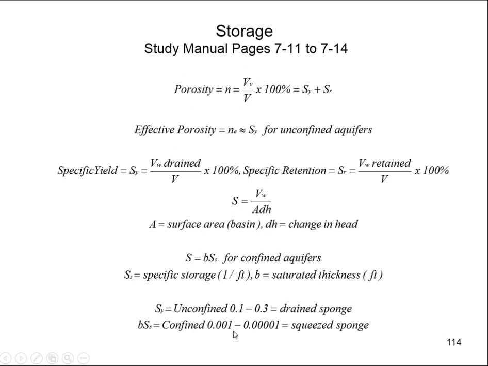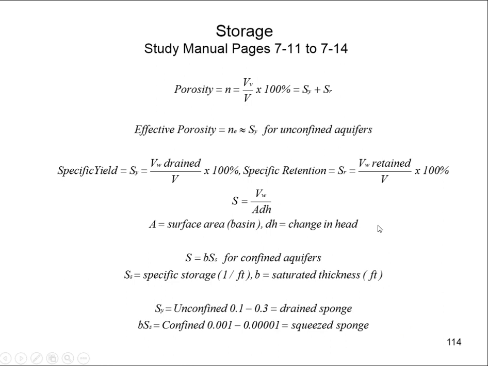And that would be as if the water is yielded by squeezing that mineral framework to get out that little bit more that is within the sponge. So specific yield of unconfined aquifers is 10 to 30%, and the storage for confined aquifers is very, very much smaller. Anything in between is probably a leaky aquifer.